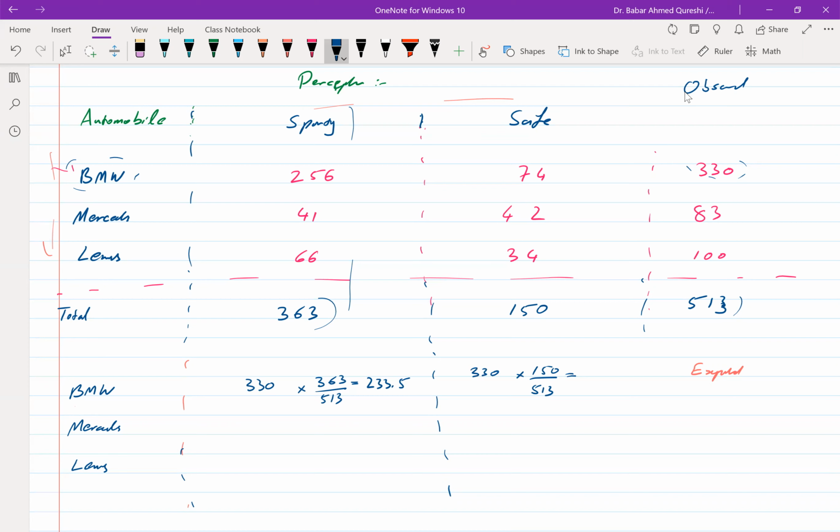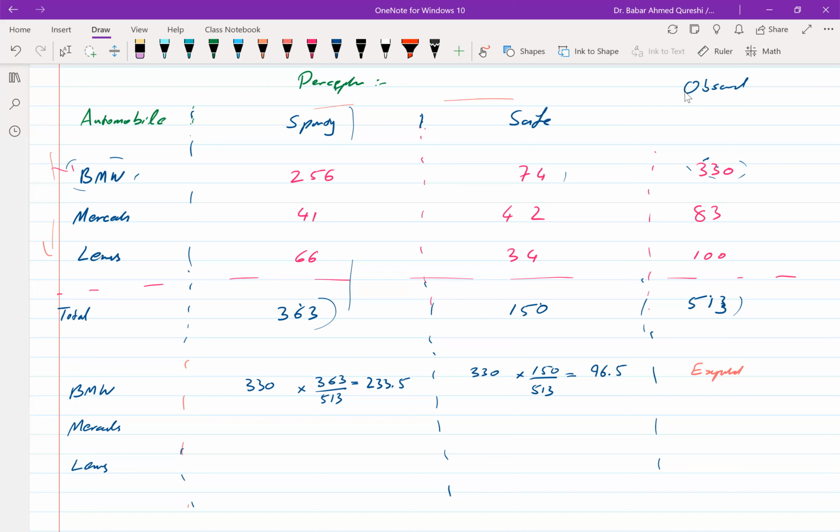So you can see, took this number, divided by this number, multiplied by this. Then I got this. Then this number divided by this, multiplied by this to get this, what I expect on this place. So this comes out to be, this is the expected one, 96.5.